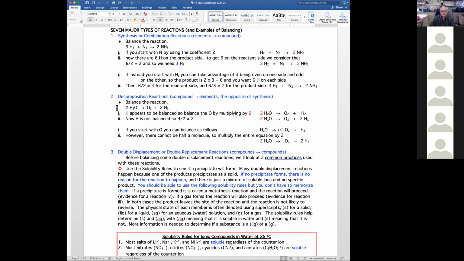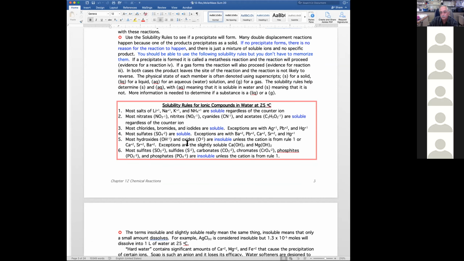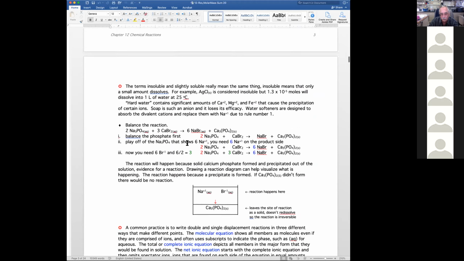But if you go back over here, let's see. Look at this reaction right here. What if this was reversed? I'd have 2 hydrogen plus oxygen going to water. You could say that was a synthesis reaction, but you could also say that that's combustion, isn't it? So oftentimes we have reactions that can be categorized more than one way.